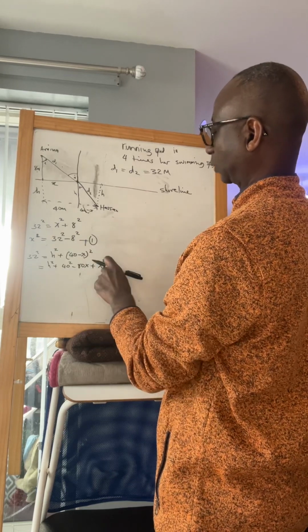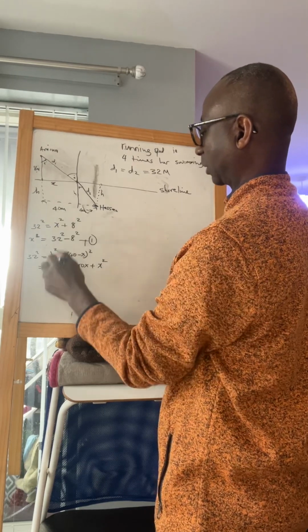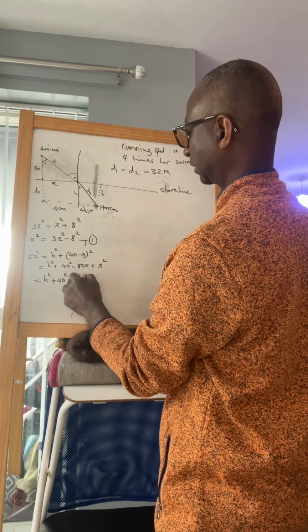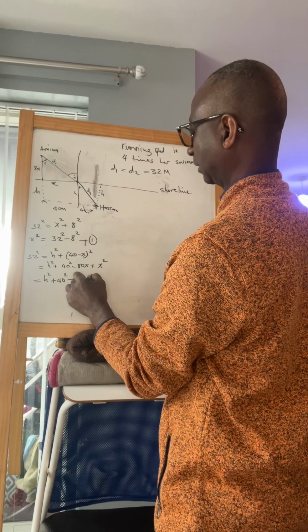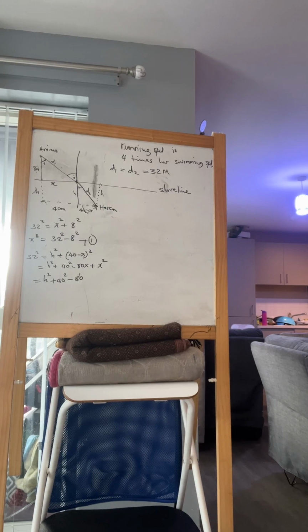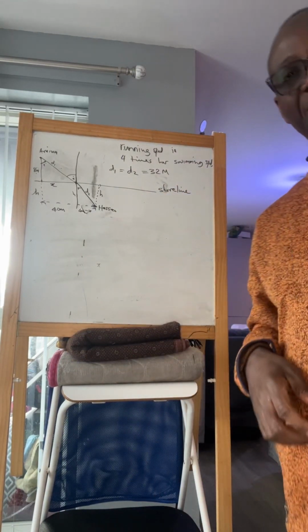But we know x squared is 32 squared minus 8 squared. So this is equal to 8 squared plus 40 squared minus 80x. Still need x. Still in x, so let's leave it as it was.